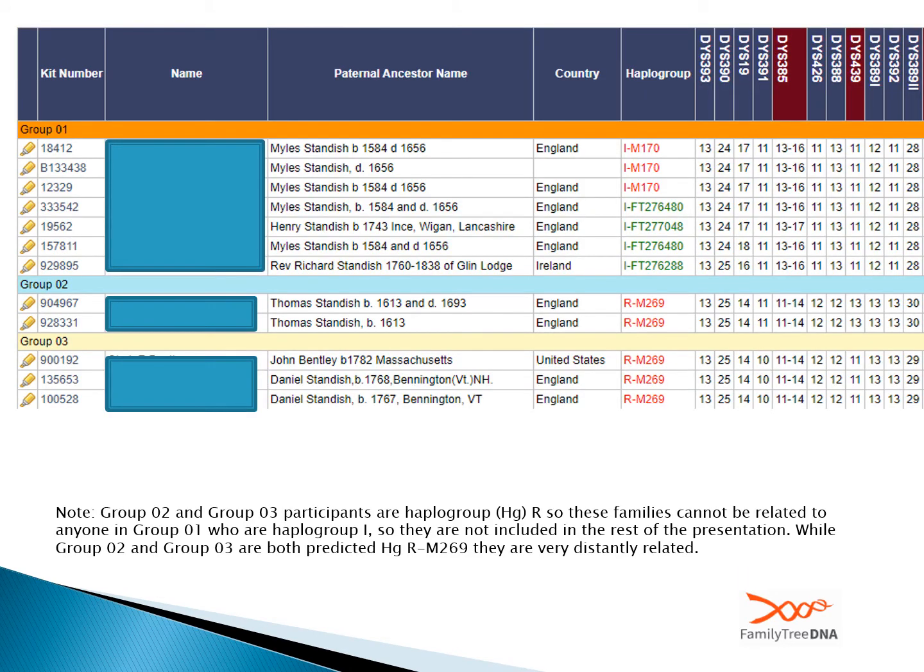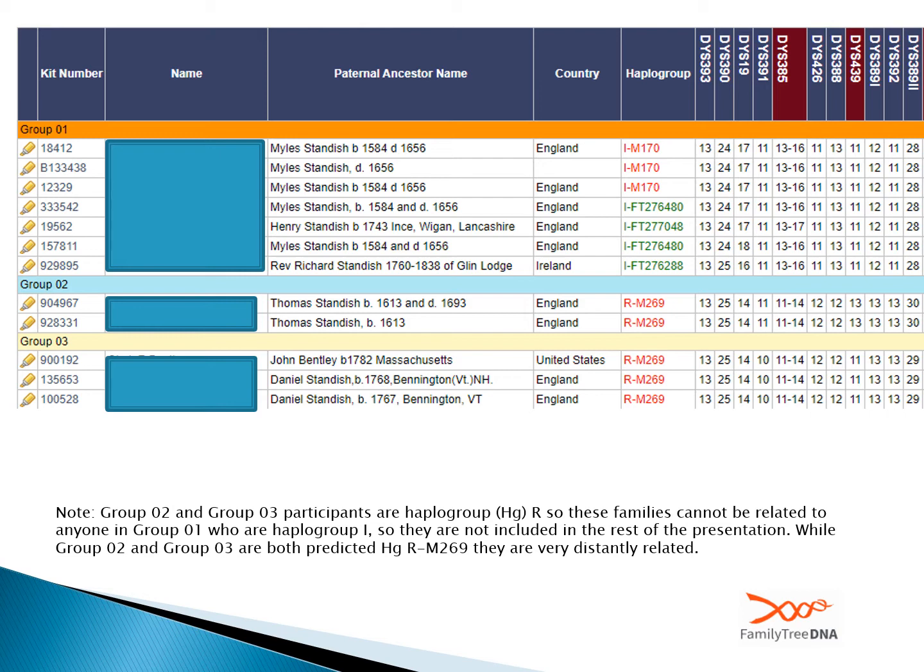This screen is similar to what you will see on the public Y-DNA results report, so I'm going to discuss what is showing in the header line. Each person who tested at FTDNA is assigned a unique kit ID number, shown on the far left under kit number.